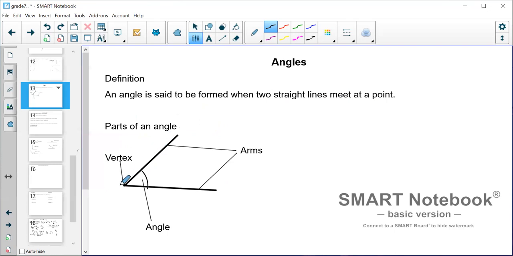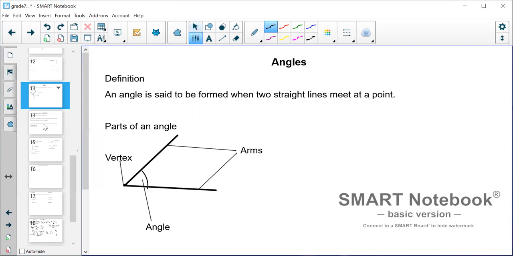The two actual lines that make up the angle, we call them the arms of the angle, right? We call them the arms. And of course, the space indicated in between here, that's the actual angle, right? This line is going up at an angle of however many degrees, right? So that's the definition of an angle, and these are the parts of an angle.